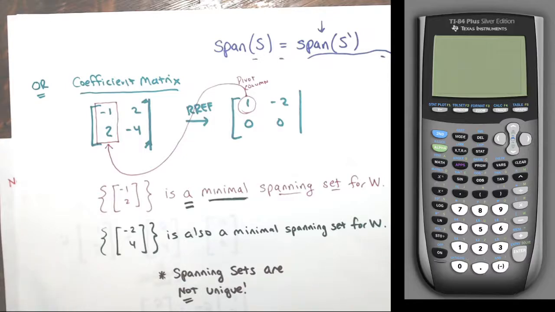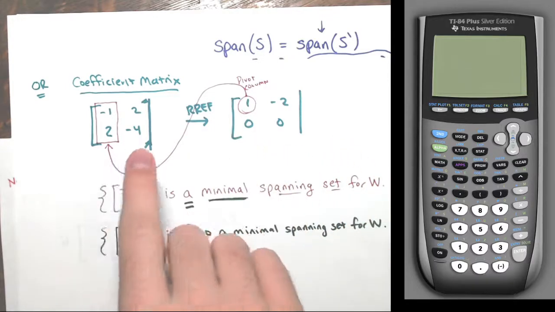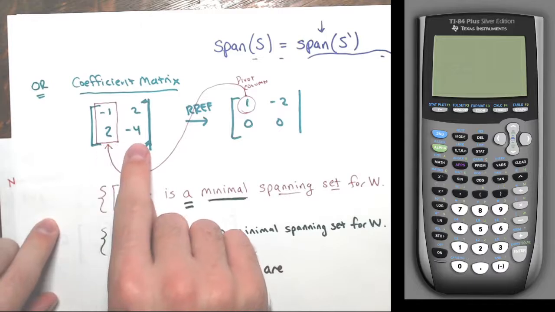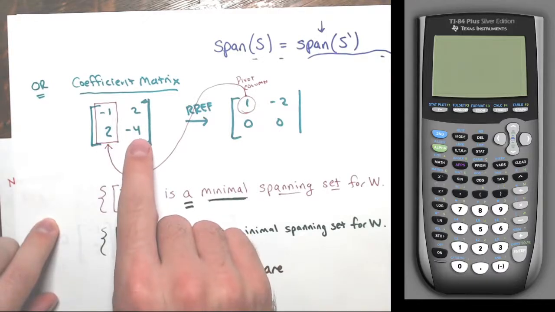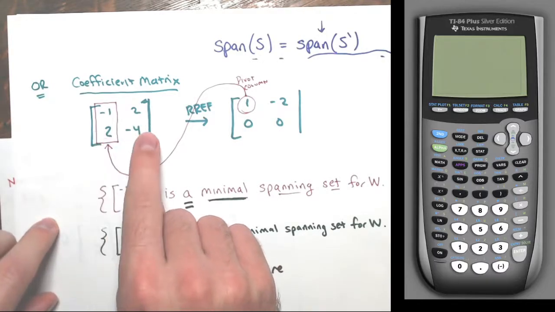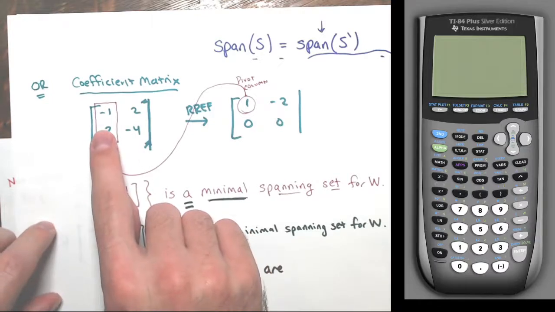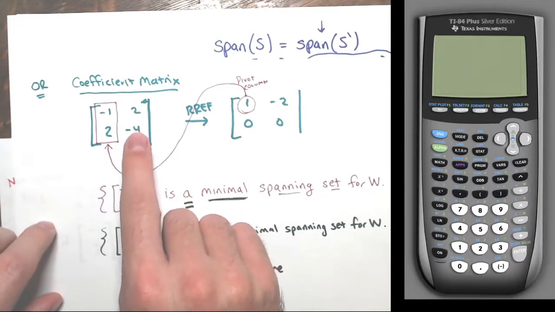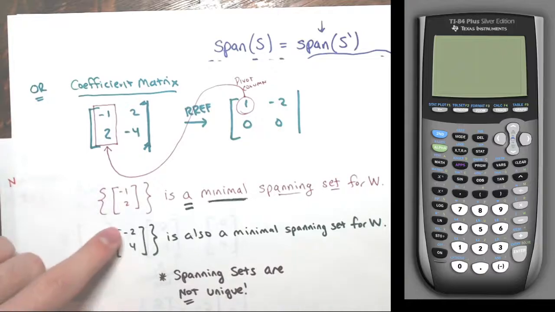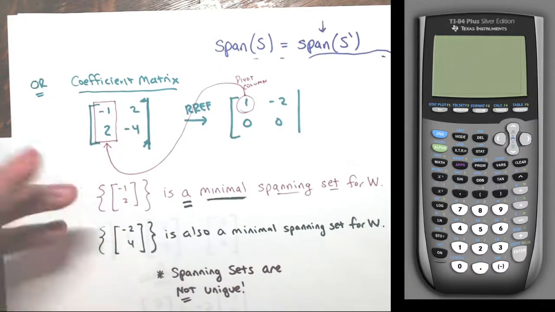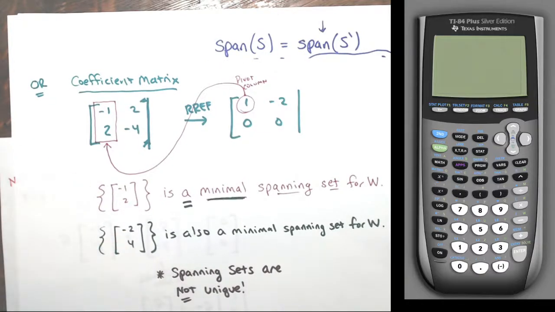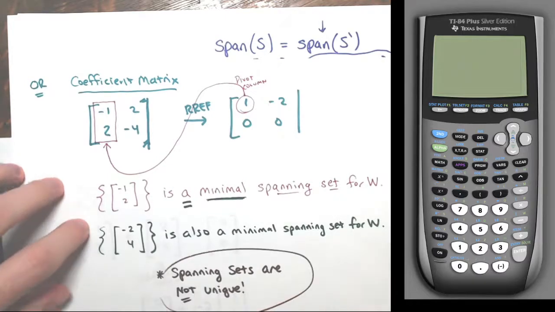But if you go through a different process, I could have eliminated this vector instead, because you can write 2, -4 as -1/2 times -1, 2. You can write this vector as a linear combination of that one. So I could say the vector 2, -4 instead, which is a multiple of this, is also a minimal spanning set. So answers will vary, because spanning sets are not unique.